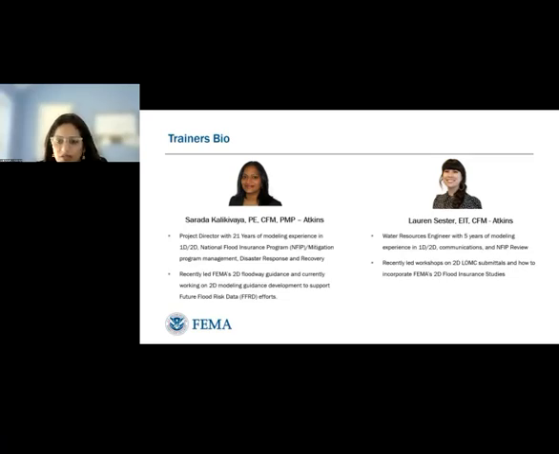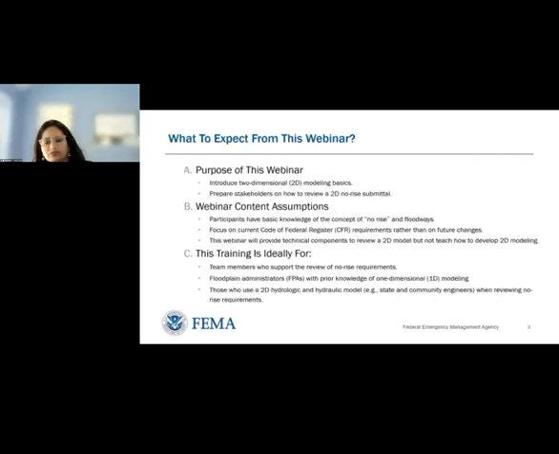And recently she conducted a workshop related to these specific 2D LOMAR submittals, on how to actually submit them. And now she's going to talk a little more about how to actually do the reviews on behalf of any community or FEMA or anybody. So that's our brief introduction.